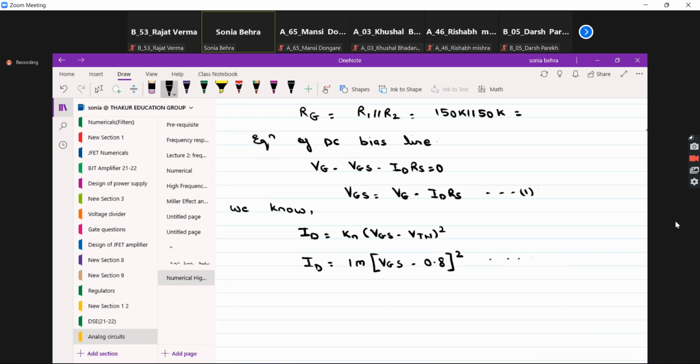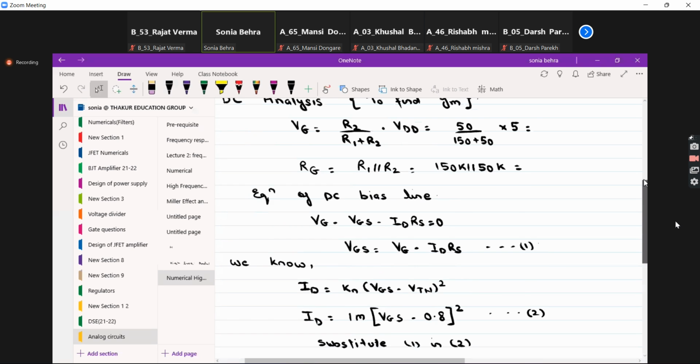This is equation 2. Substitute equation 1 in 2. That is, from 1, substitute the equation of VGS. So ID is equal to 1 milli VG minus ID RS, we will see from our circuit.